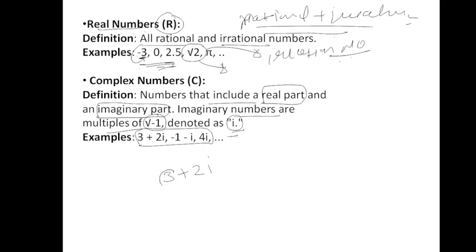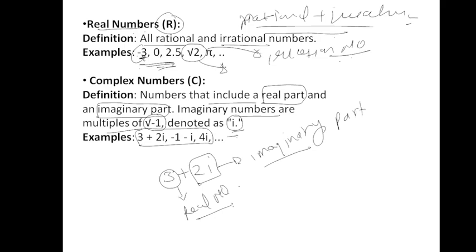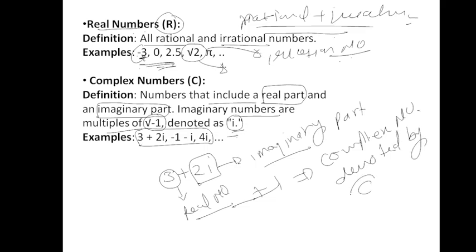This part is a real number, as I read in the definition, and the other part is the imaginary part. When we add both parts, that makes the complex number, and it is denoted by C.